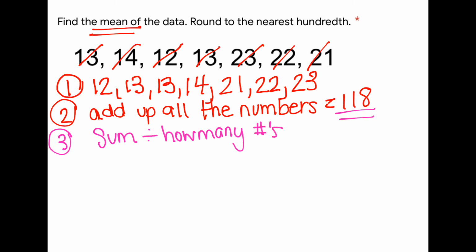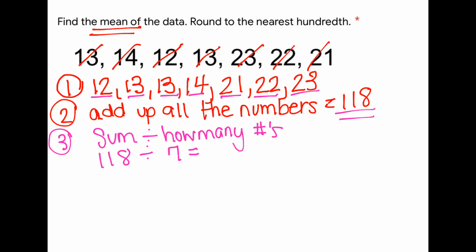So in this case, we have 1, 2, 3, 4, 5, 6, 7. So we're taking our sum, which is 118, and we're dividing it by 7.